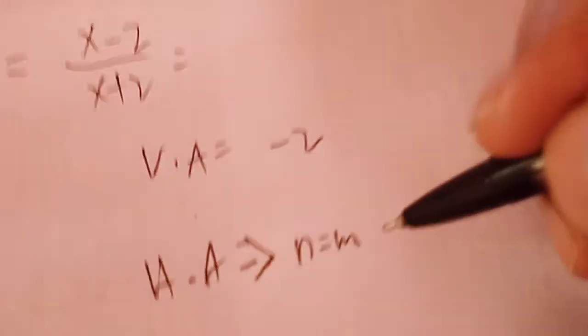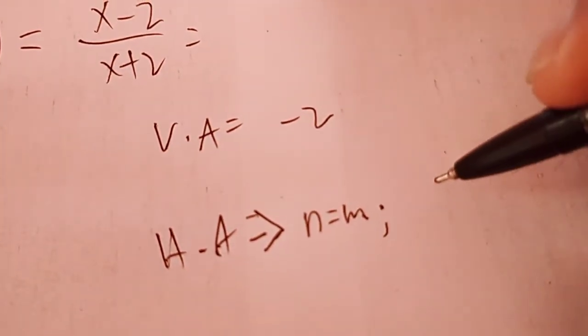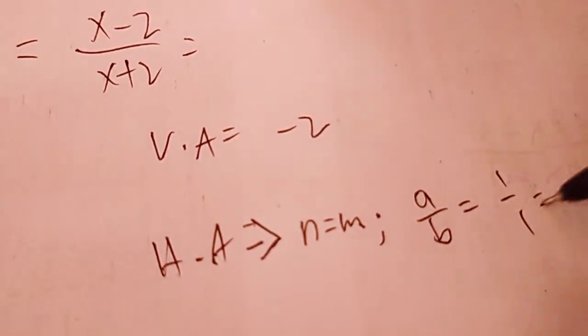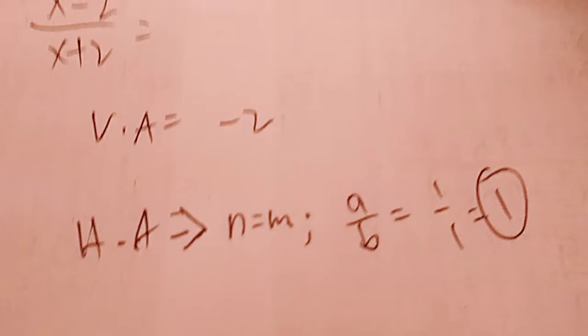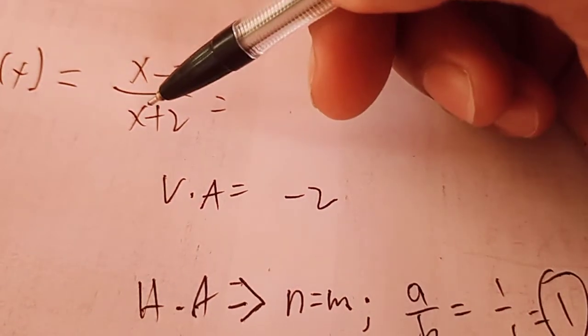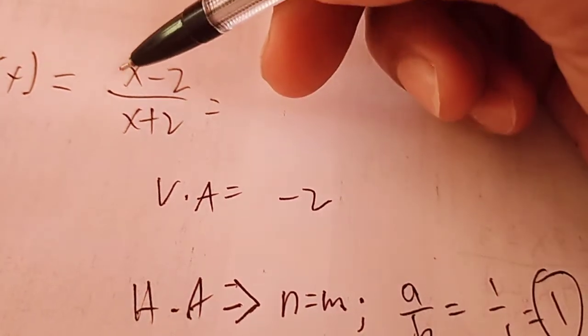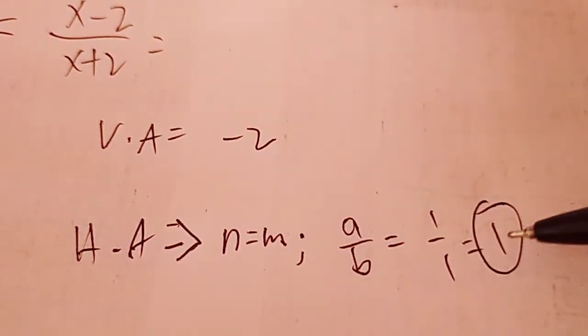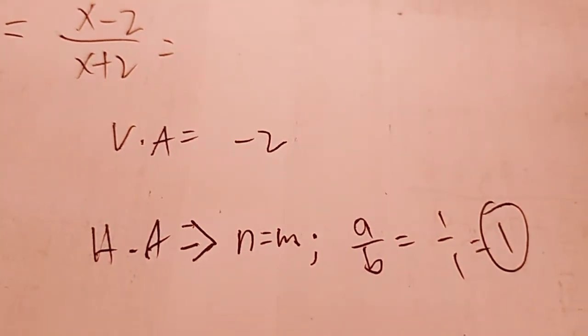N equals m, therefore, a over b, and that is 1 over 1 equals 1, ang horizontal asymptote. Okay? Ito kasi, n equals m, kukunin natin si a over b, 1 over 1. 1 over 1 equals 1. Yan yung horizontal asymptote. Okay?